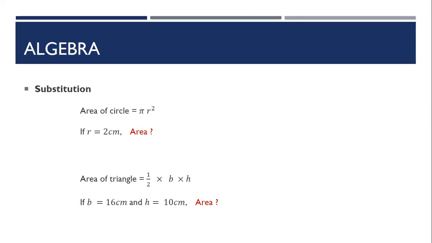You guys have to actively participate in today's lecture, so give me the answers. The area of a circle is given by the equation πr². If we consider a circle, the radius is r and the area is π into r squared.